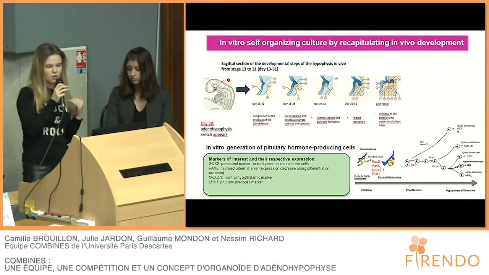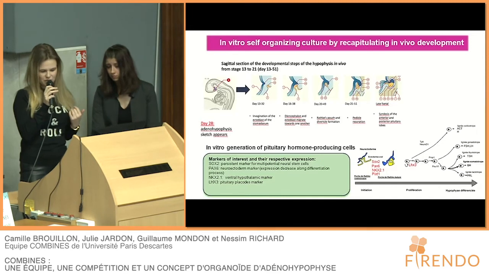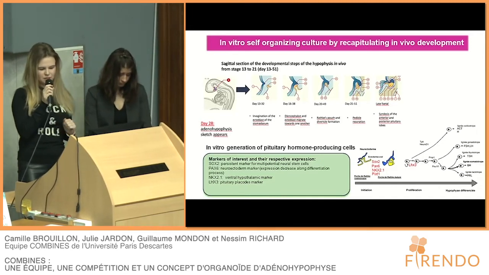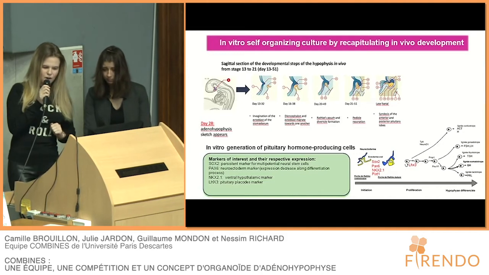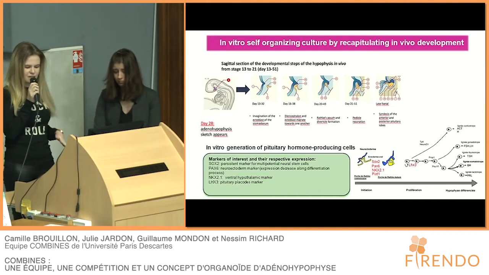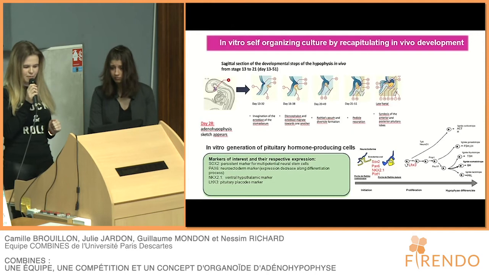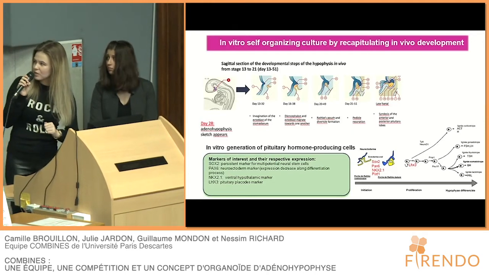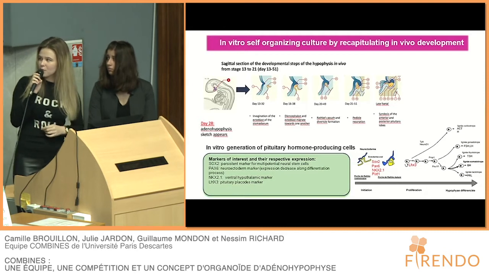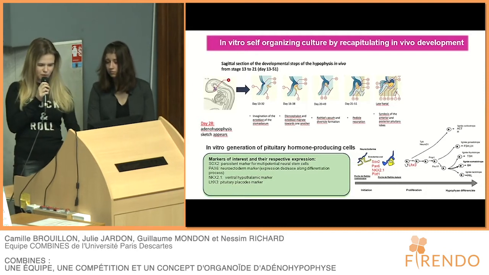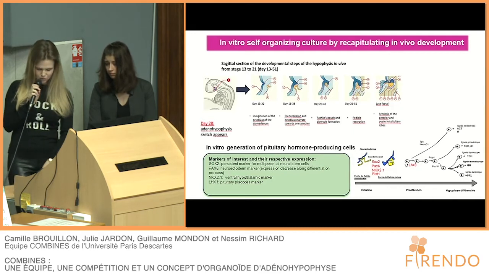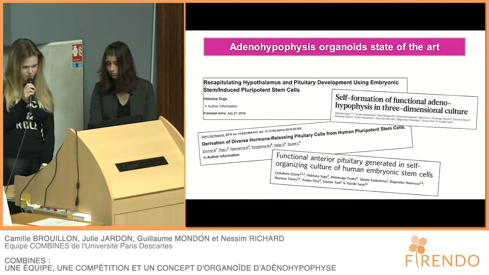We didn't go beyond the Rathke's pouch formation because of a lack of time for the realization of our experiments. But we validated step by step by observing the presence or absence of some markers: SOX2, PAX6, NKX2.1, PITX1, and LHX3.